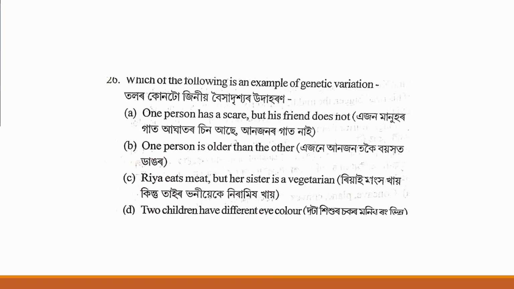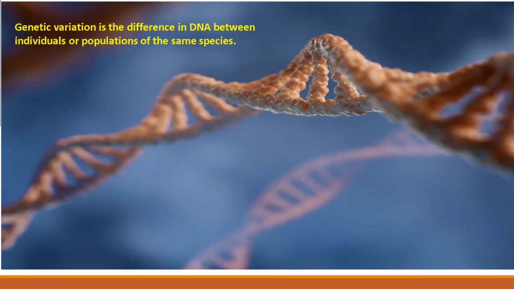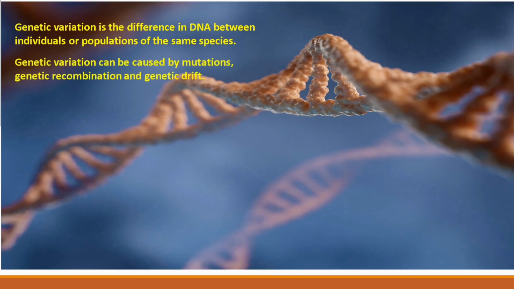So before answering this question, let us try to understand what genetic variation is. Students, genetic variation is the difference in DNA between individuals or populations of the same species. Genetic variation can be caused by mutations, which are changes in the DNA sequence of an organism, and generally happen due to errors in DNA replication during cell division or exposure to mutagens.